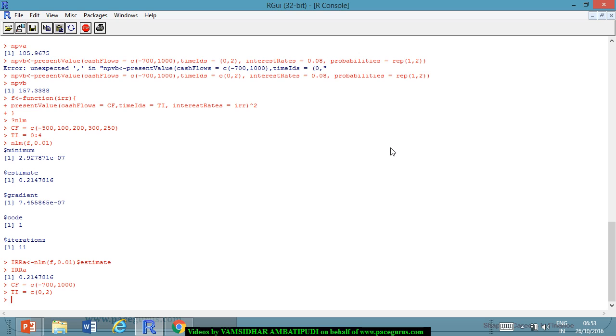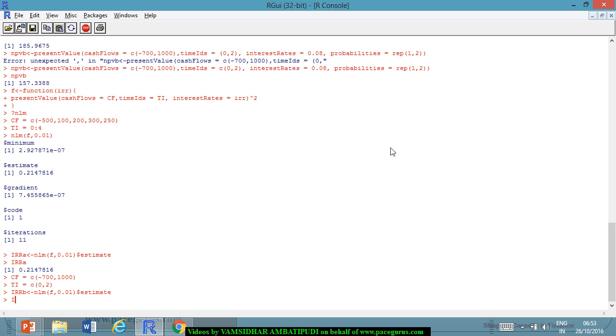And now I can very well use IRRB, which is nothing but NLM, nonlinear minimization, that I am trying to do. This function I want to minimize. I'll start off with 0.01 itself and take the estimate of whatever it is typically giving.